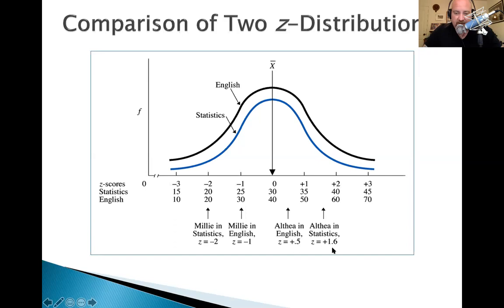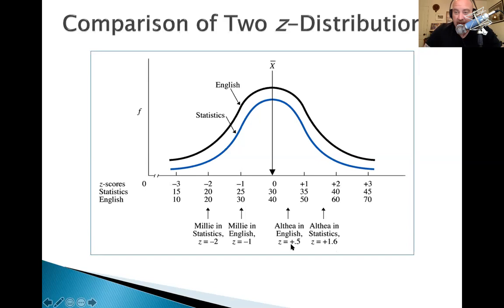And then in her statistics class, she is 1.6 standard deviations above the mean. So we're looking at, in that case, remember typical and atypical scores. If you're within one standard deviation, that's a typical score. It's where most scores are. So she's doing average. She's doing like most people in her English class.